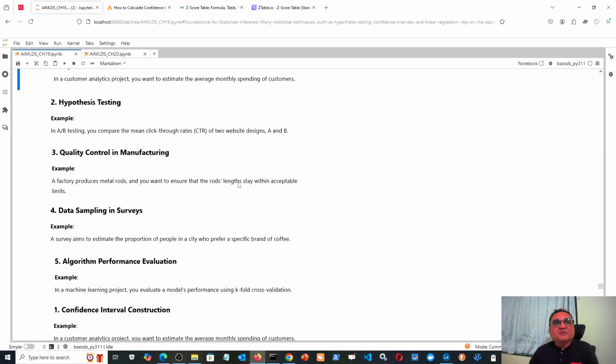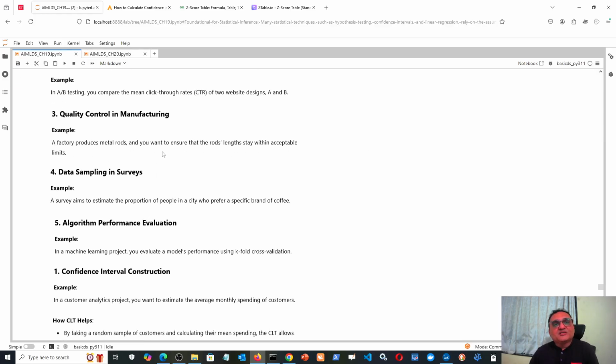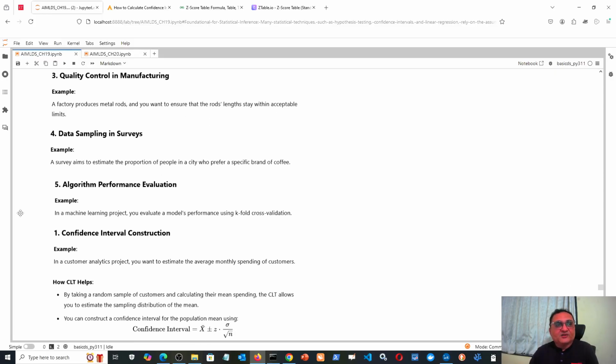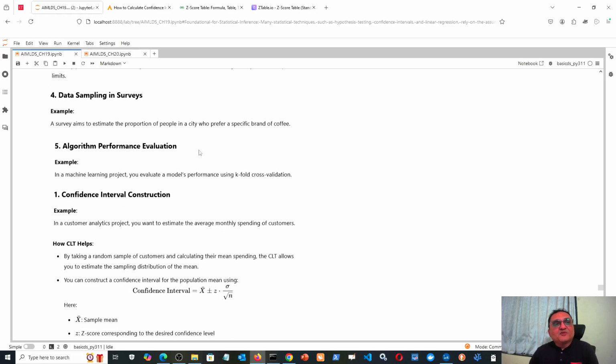So that much margin of error is allowed. Otherwise, it is to be used in some precision machinery, and more than that margin of error is not allowed. So you are doing that quality control. Then data sampling in surveys. Suppose you are doing a simple survey in a city to estimate what proportion of the city's population prefers one specific brand of coffee.